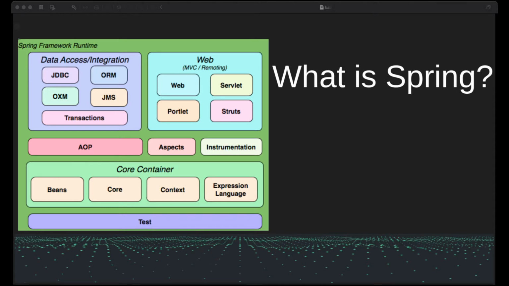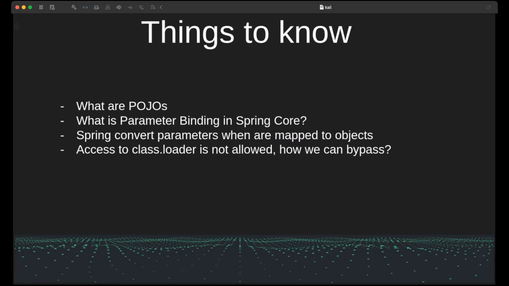So once we understand that using Spring it is very easy to deploy web applications written in Java, now we will go to understand how it's possible to exploit this vulnerability, what is going on with this vulnerability, and what we need to exploit it. There are some things that we have to know before going a little deeper into the vulnerability. And what are these things?